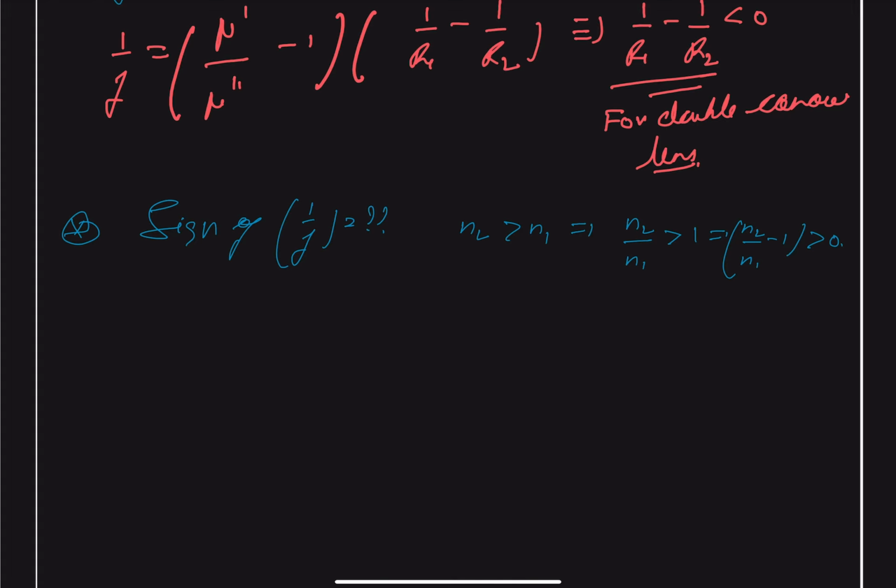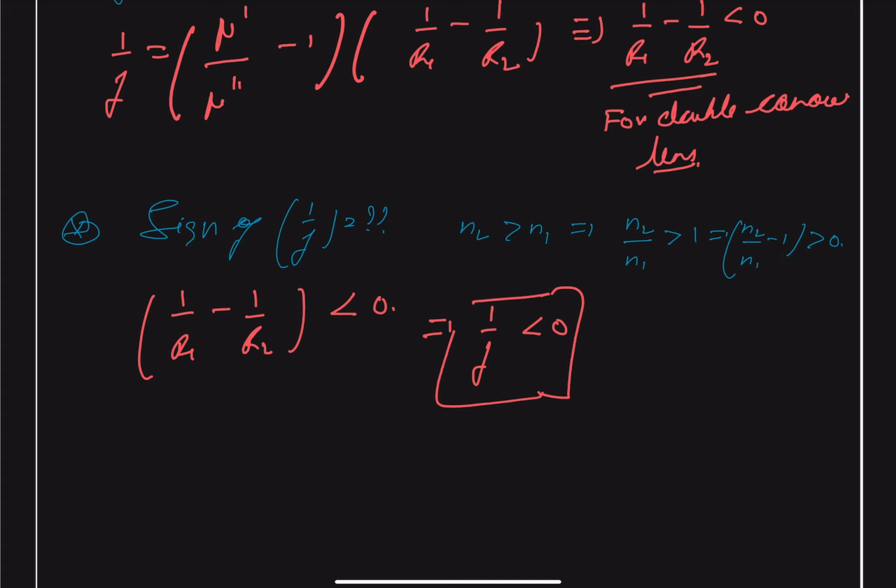And we just wrote that our 1 upon r1 minus 1 upon r2 will be less than 0. So it basically means that our 1 upon f will be less than 0.